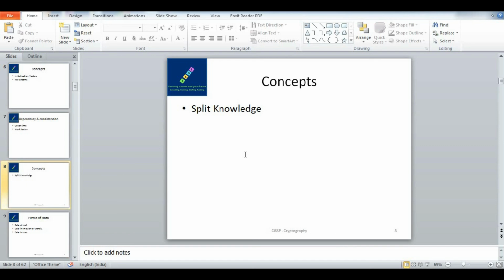Now, as an organization, what I can do is divide K1 and K2 into two halves. I give one part of K1 and one part of K2 to company A, and the other part of K1 and the other part of K2 to company B. Company A and company B mutually do not know each other.